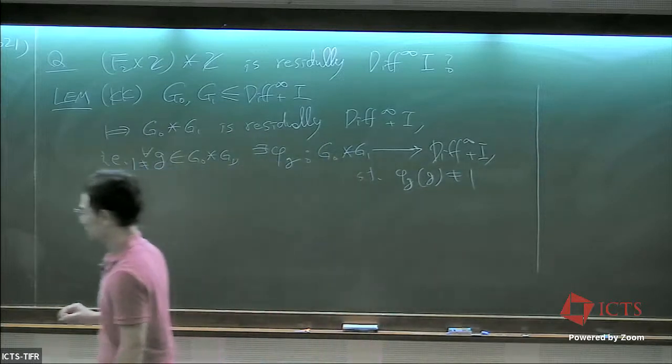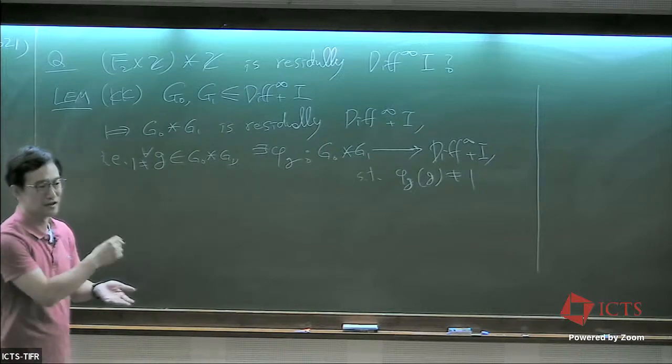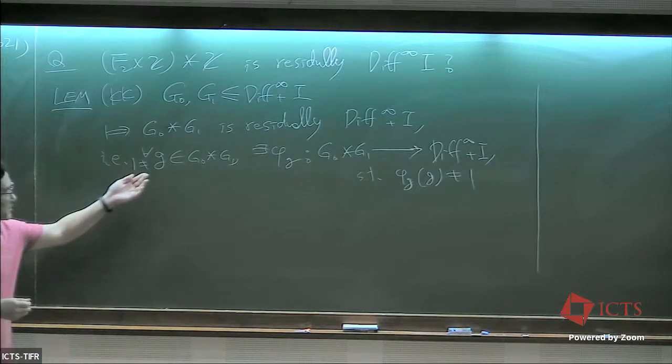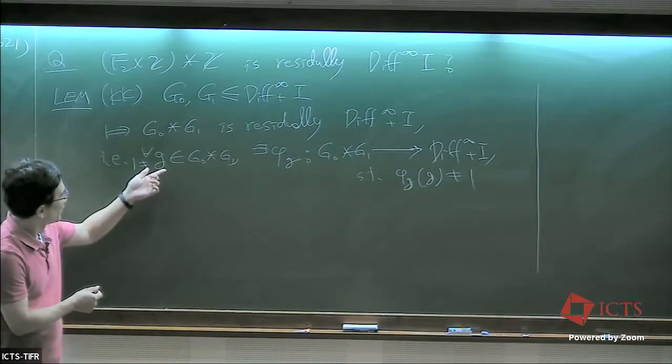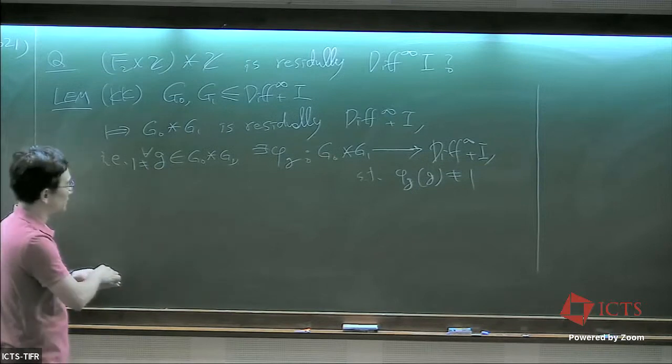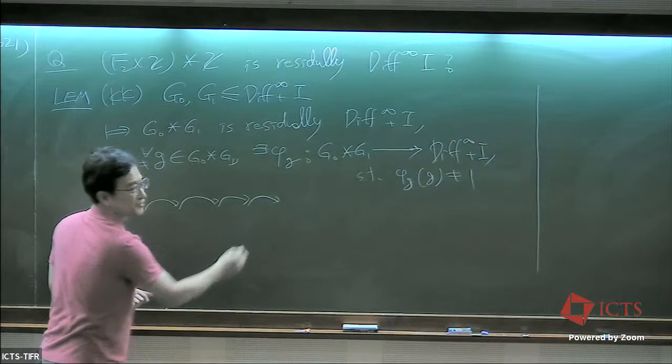So this is an exercise in ping pong argument. You write G in normal form, with elements from G0, G1, G0, and G1, and make sure the action of G pushes some point to the right and to the right, for each syllable.